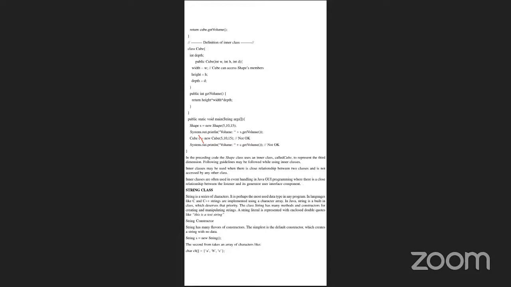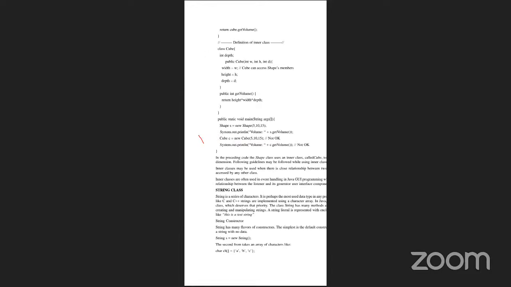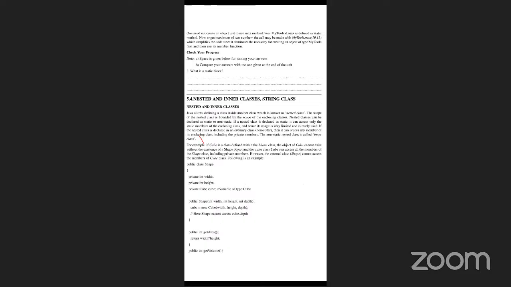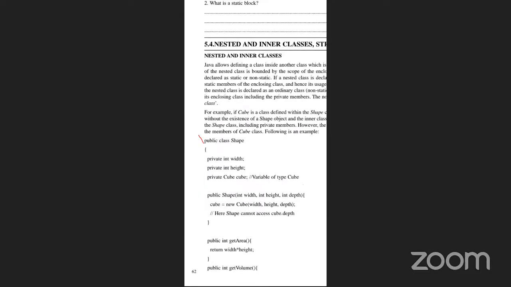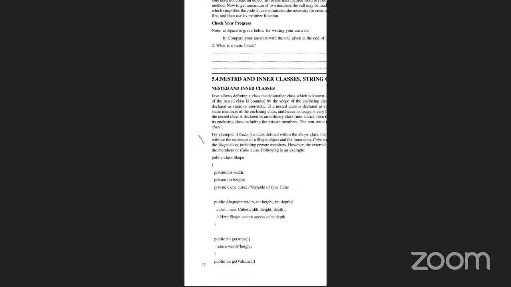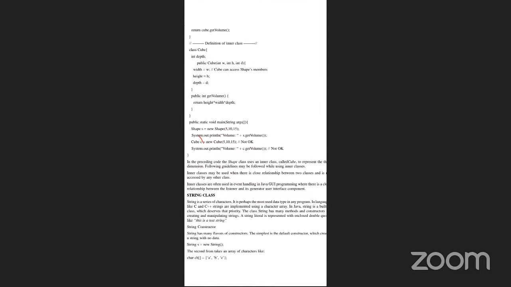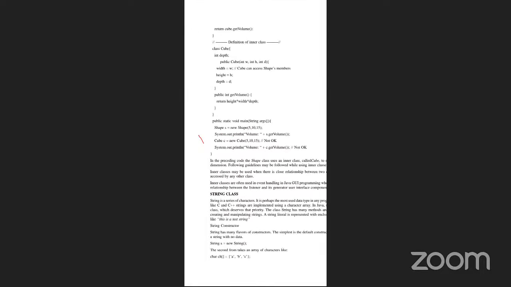Under the shape, I took one class, that is cube, but I did not define it outside. Defining a class within another class. Overall, I'm closing those two classes, entering the values at the object declaration, and then accessing with the help of the object.